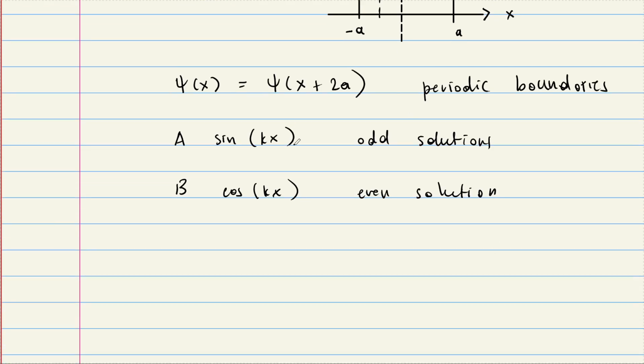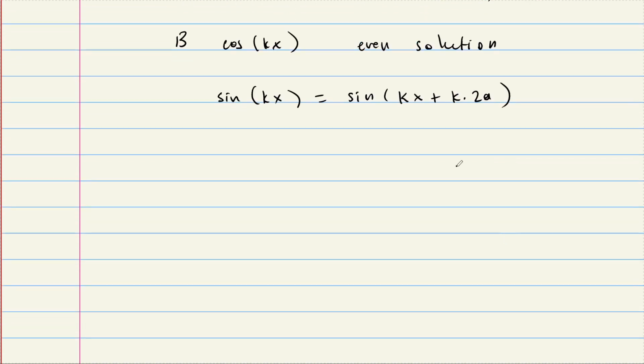From the condition of periodicity, for example, sine kx equals sine of kx plus k times 2a. That gives k times 2a equals n times 2 pi, so k equals pi over a times n.